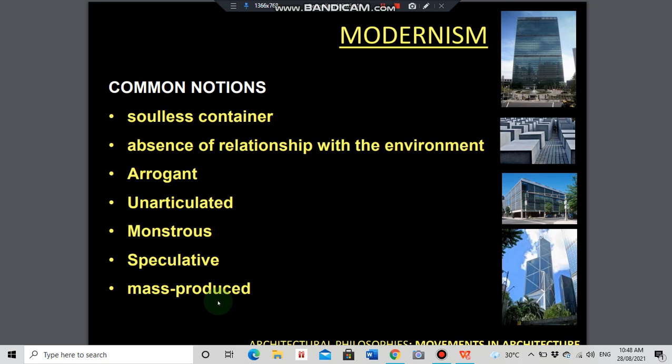The mga prefabricated materials like the glass panels, the steel framings, what else? Precast concrete, precast columns, beams, and so on and so forth. So that is modernism, mass-produced.